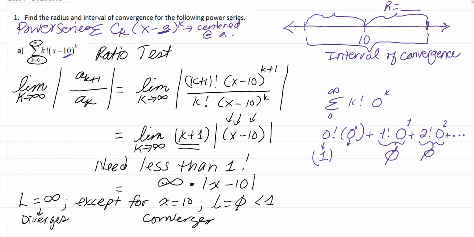This right here is a questionable one. 0 to the 0 power, by definition, will either be an indeterminate form or it is 1. Usually in the context of power series or combinatorics, we would say 0 to the 0 power is defined as 1 because it is more useful. So it really depends. If you're working on a limit, 0 to the 0 power we say is the indeterminate form.